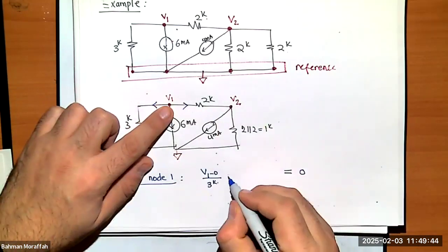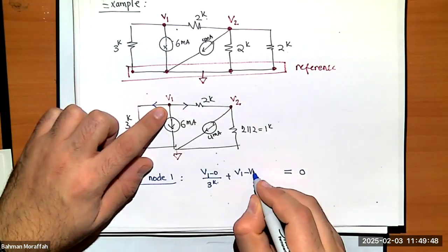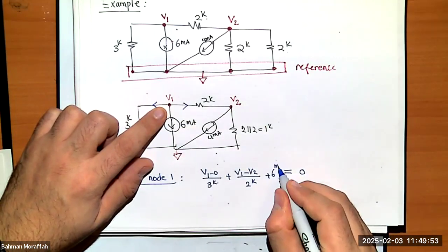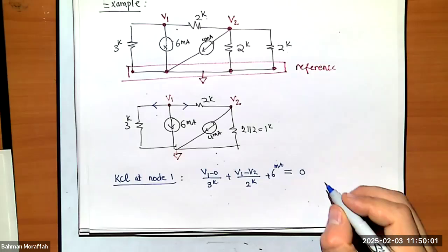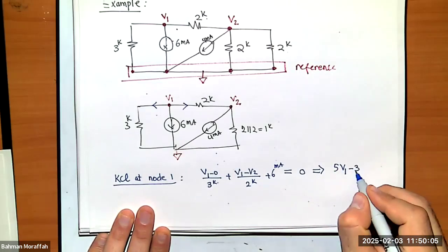How about this guy? What do I have? It's V1 minus V2 divided by 2K. And I have this 6 milliamps, right? I can simplify it. The common denominator is 6. I can simplify it. And what I'm going to get is 5 times V1 minus 3 times V2.